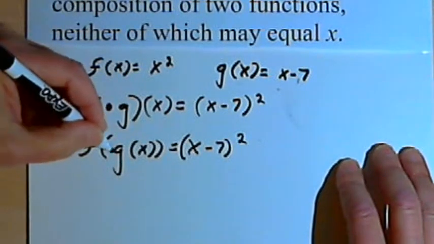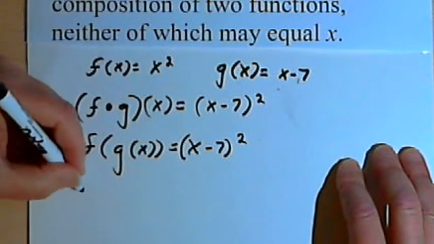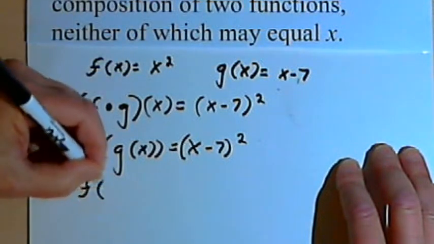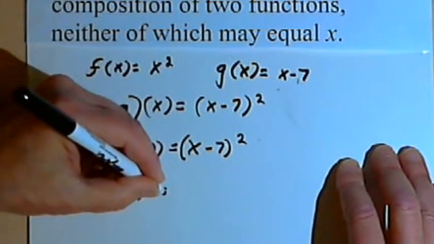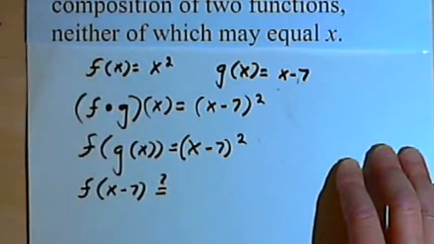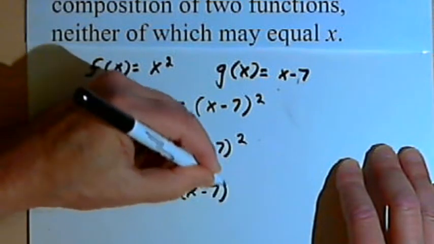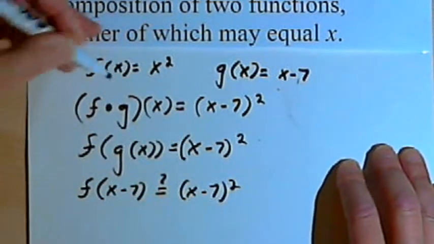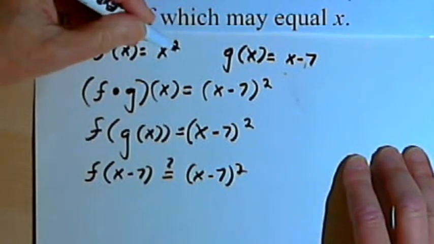So I'll take this f of g of x, and since I know that g of x equals x − 7, I'll rewrite that as f of x − 7. And what I want to find out is whether that equals (x − 7)². So I go to the f function. The f function says f of x equals x².